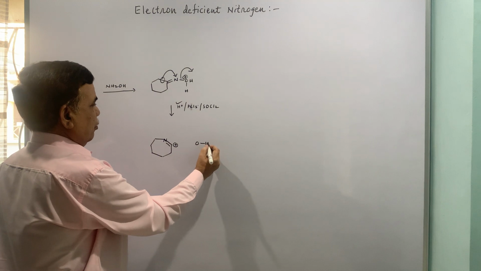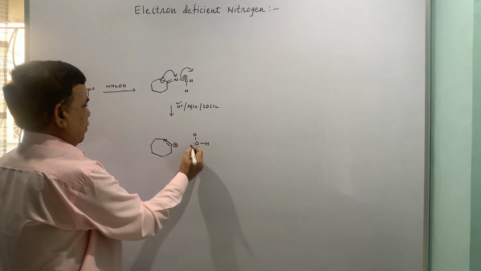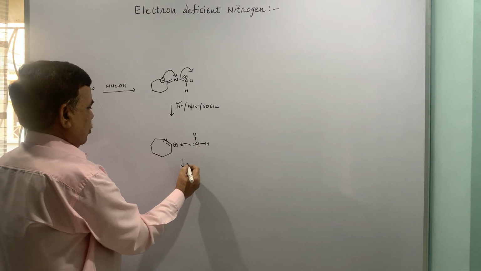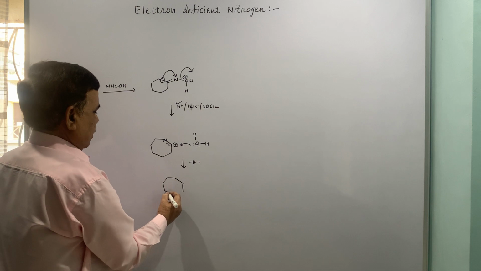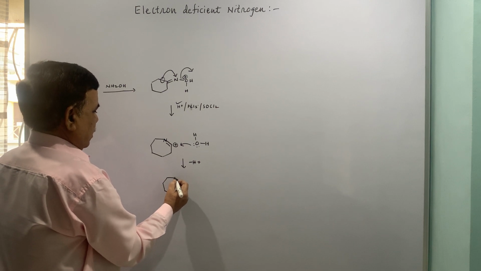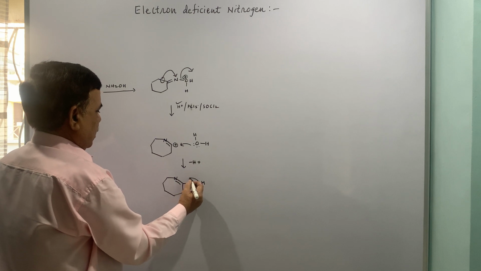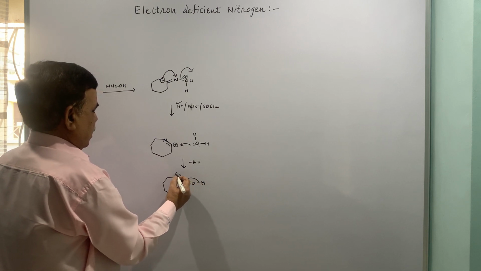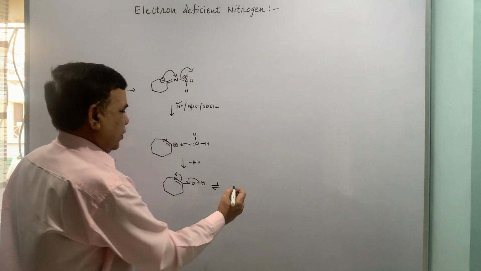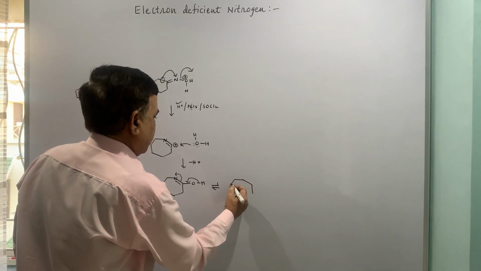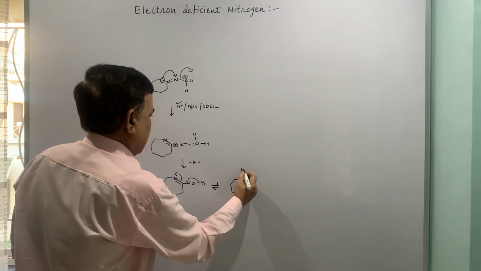The water molecule which is there attacks here, loss of H plus, and then imidol amide tautomerism can furnish you the lactam.